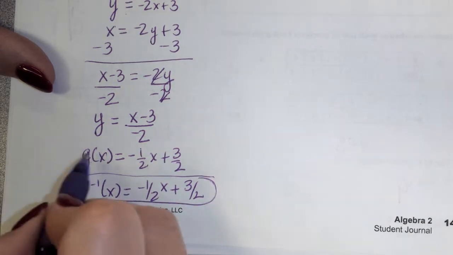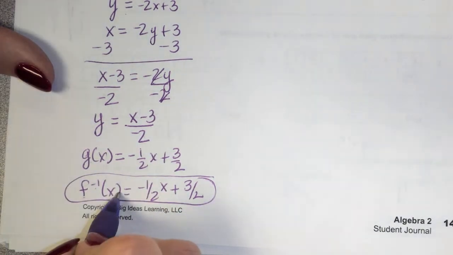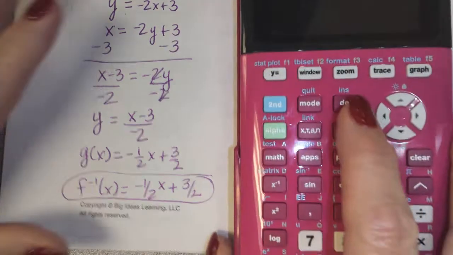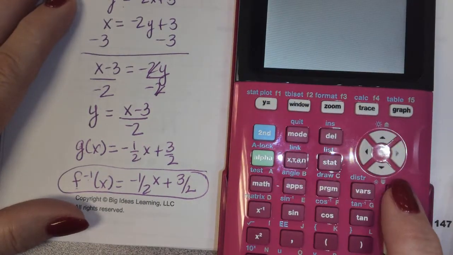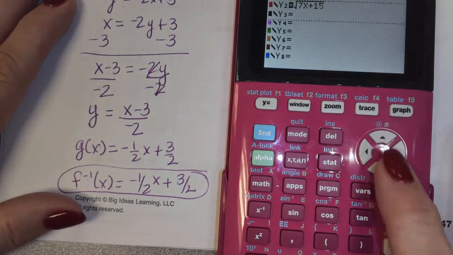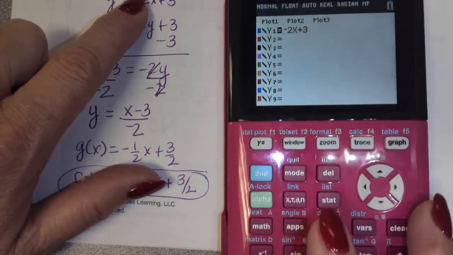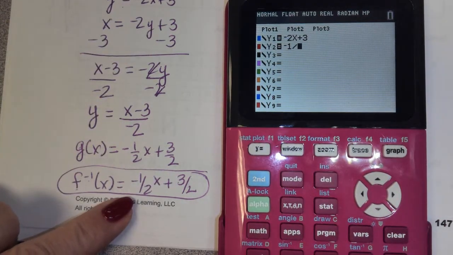Meaning that instead of using g of x, we're going to use the inverse of f of x. That would be our inverse. If you wanted to check it, a really nice way to quickly check to see if they're inverses is to look at them on the calculator. See how they appear. Do they appear to be inverses? Do they appear to be reflections over that line y equals x?